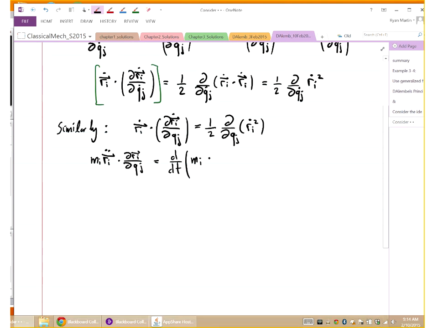So I have m_i, but then the part in green is a half ∂/∂q̇_j of ṙ_i squared.